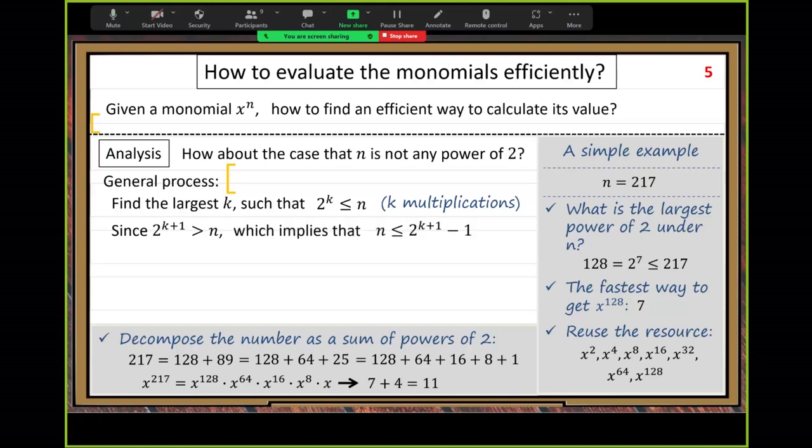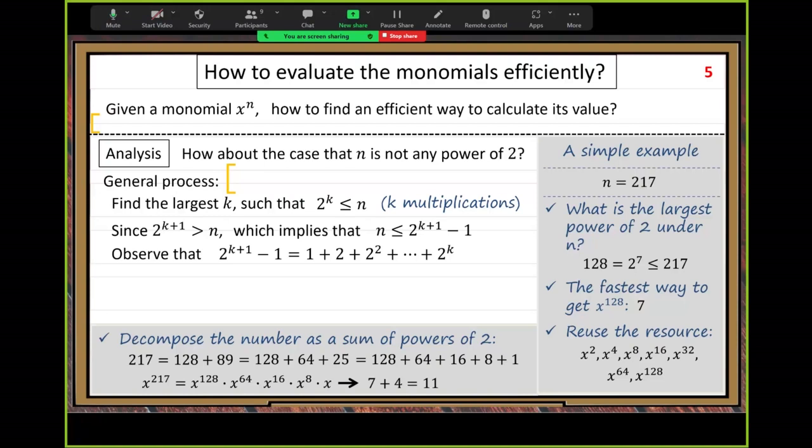So then n should be less than or equal to 2 to the k plus 1 minus 1. Look at the expression 2 to the k plus 1 minus 1, that's greater or equal to n.